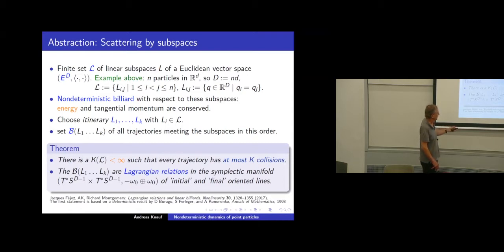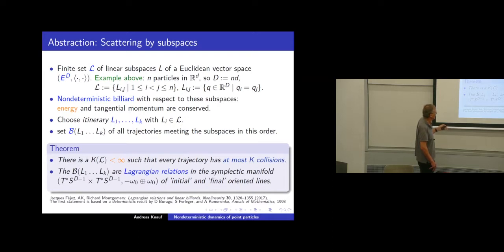So what is a Lagrangian relation? Generally speaking, you have a submanifold in a product manifold of symplectic manifolds. Yeah, that's a Lagrangian relation, and that's also what we get here. More specifically, our symplectic manifolds are the cotangent bundles of (d minus one)-dimensional spheres.